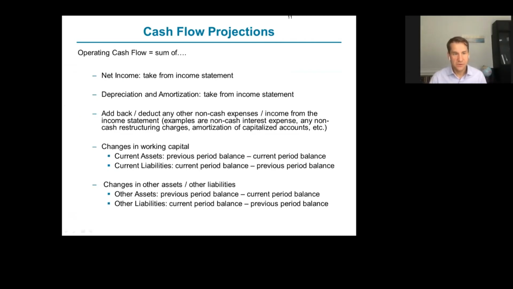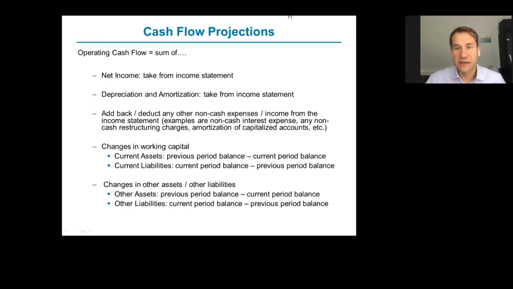So continuing on to the cash flow setup. As I'm sure you know, operating cash flow is the sum of net income. So we start the cash flow statement with net income and then add back depreciation because it's a non-cash item. We subtracted it on the income statement and now we're just adding it back because it doesn't impact cash.